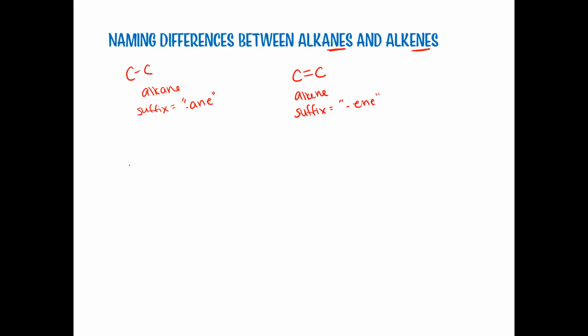If you look at butane, we have 1, 2, 3, 4 carbons. This is butane, an alkane. The alkene version of it would have a double bond. We'll put it on the first carbon.